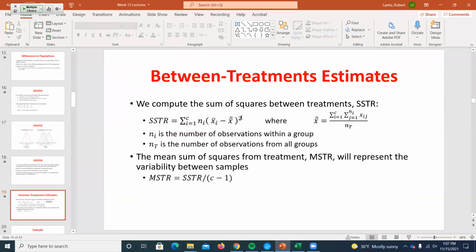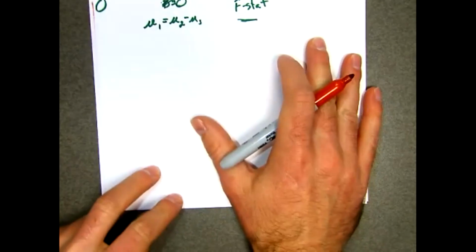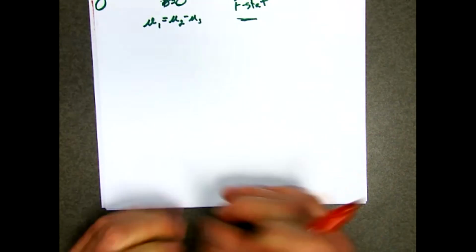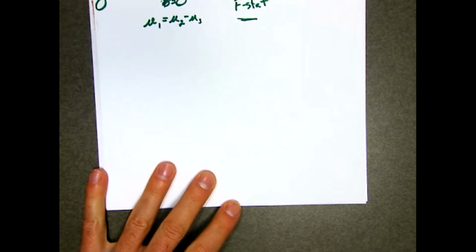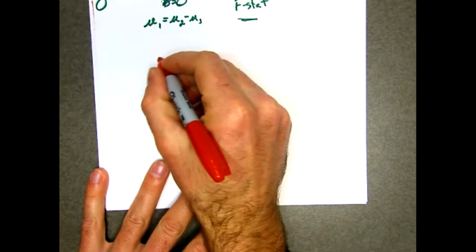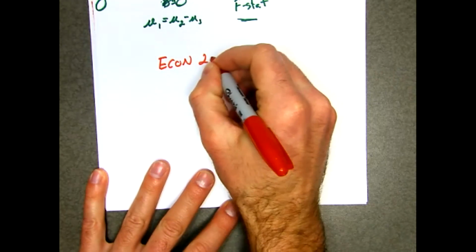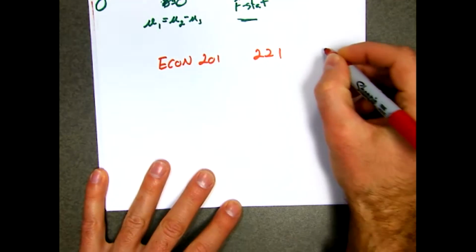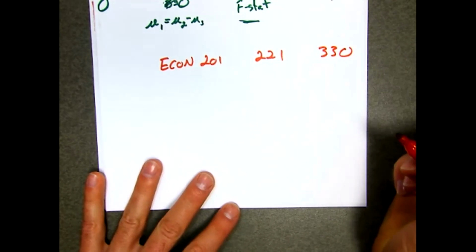Okay. So the other way I like to describe it, I think a more useful example than this COVID idea, is, let's say that I had three, I primarily teach three different classes, right? So I have ECON 201, 221, and then a 330 course.